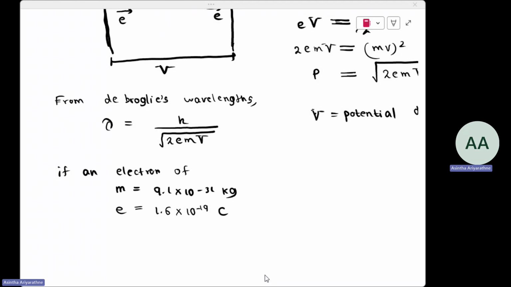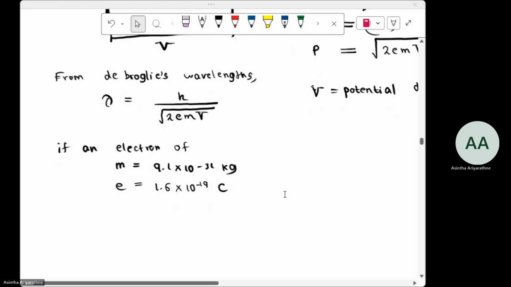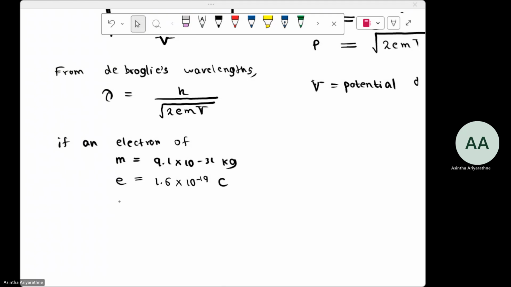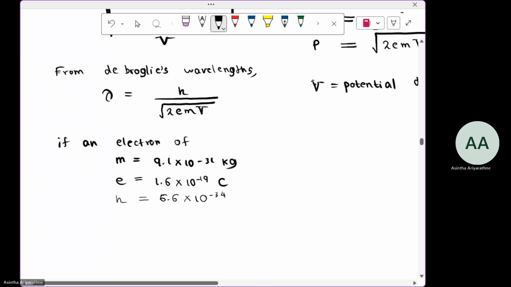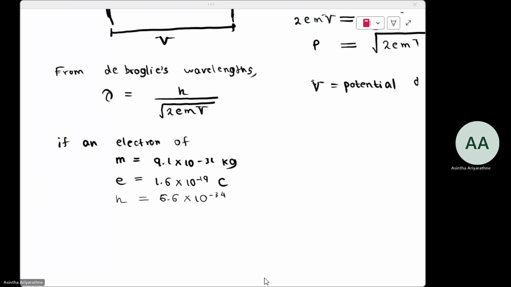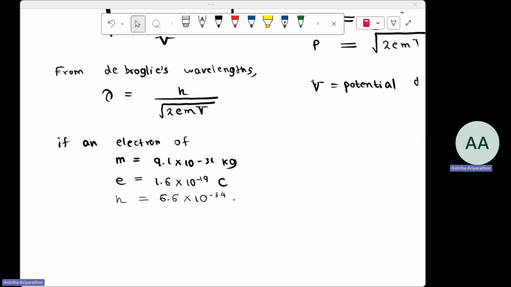The Planck constant is 6.6 times 10 to the power minus 34 joule seconds.